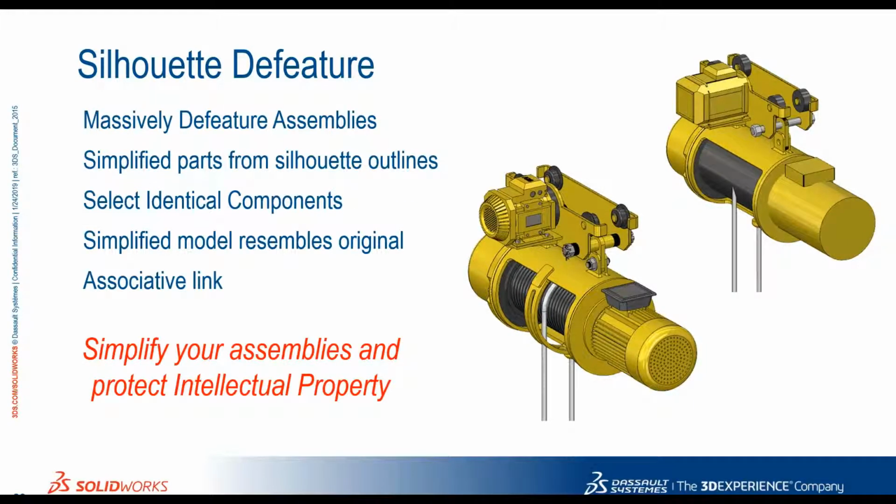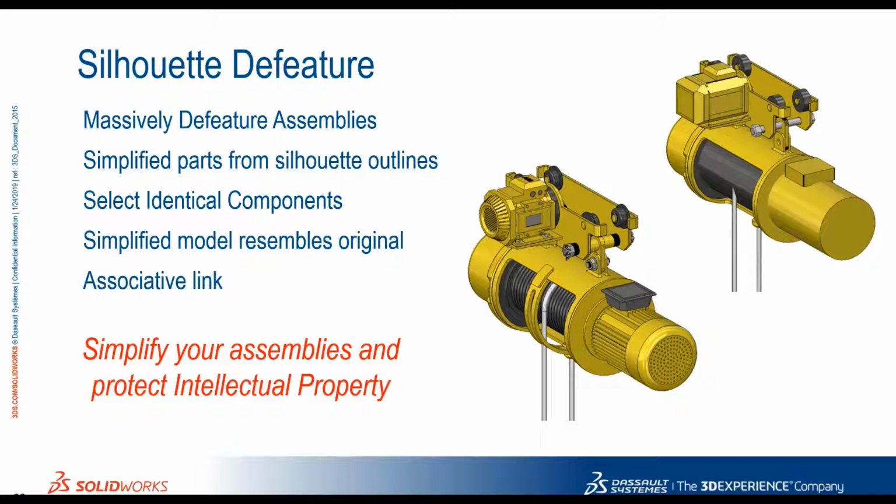So it allows us to massively defeature assemblies. We can see here on the slide the very complex look that we have, and then we can really rapidly create a simplified silhouette defeatured assembly. We can use the new select identical components to quickly grab the same component instead of having to click around.